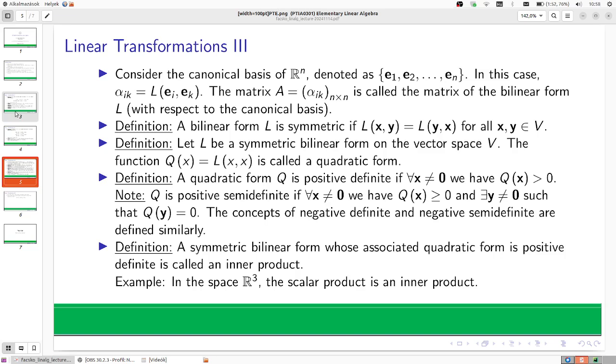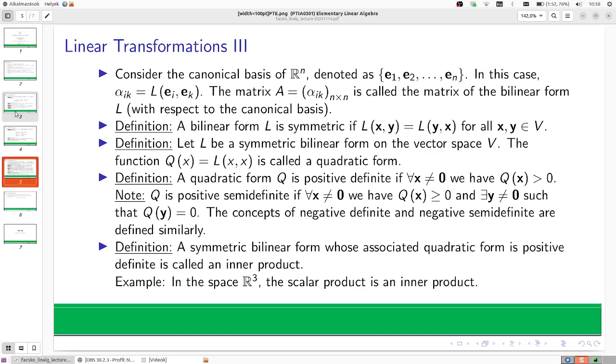There is a feature that's called positive definite, which means if the vector is not zero, a null vector, then we have this feature.